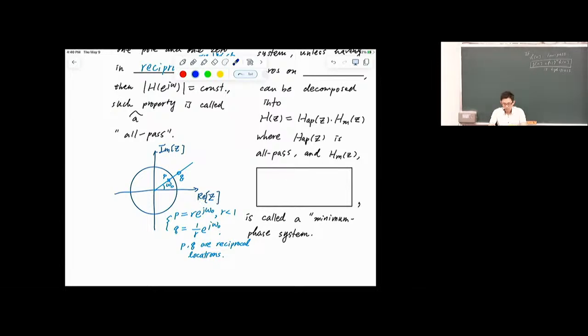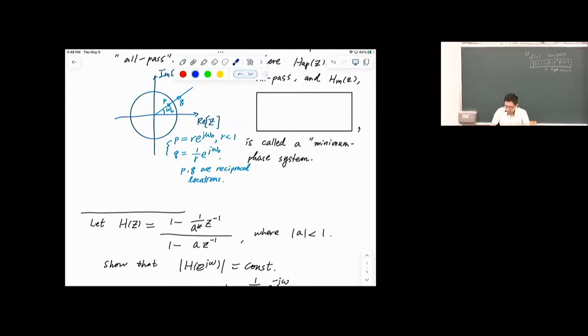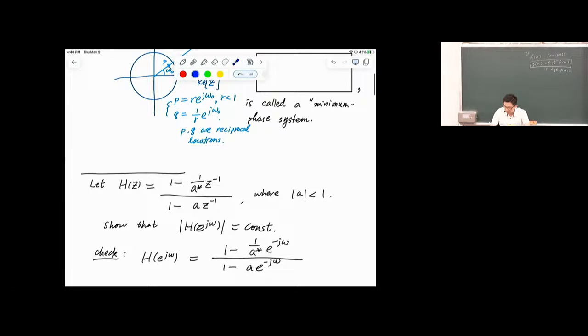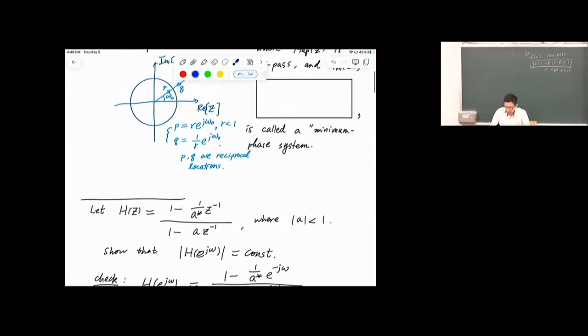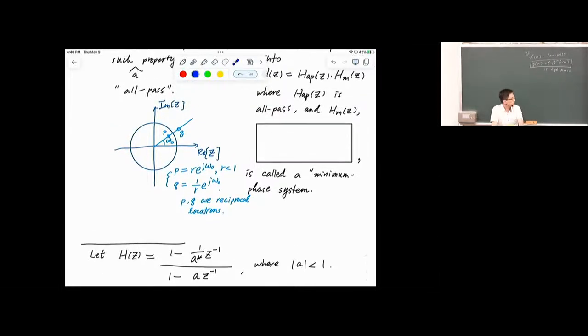At this point, I also want to tell you that we don't typically have one pole and one zero like that. Because most of the time, when we talk about a difference equation, all the coefficients need to be real, right?